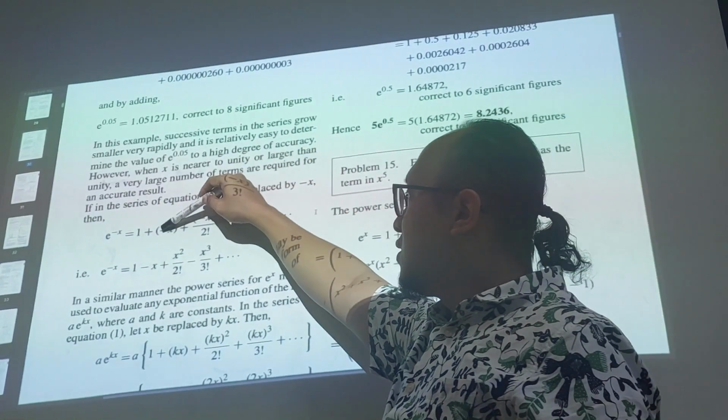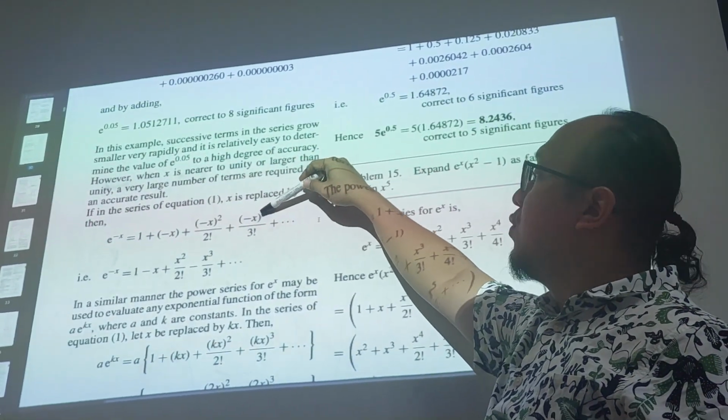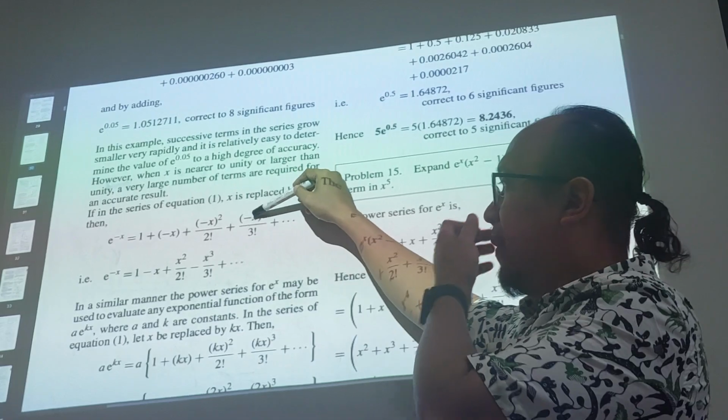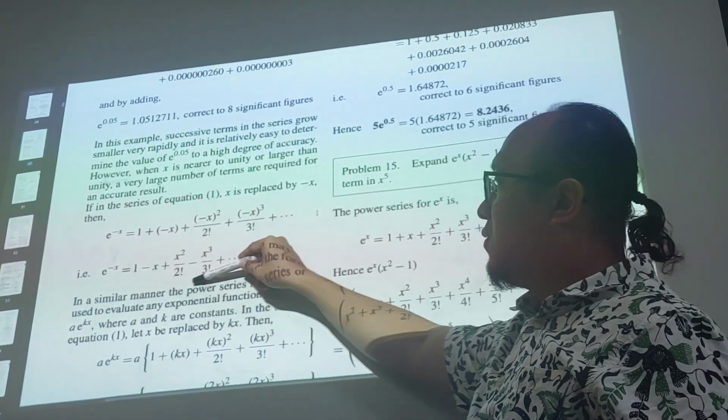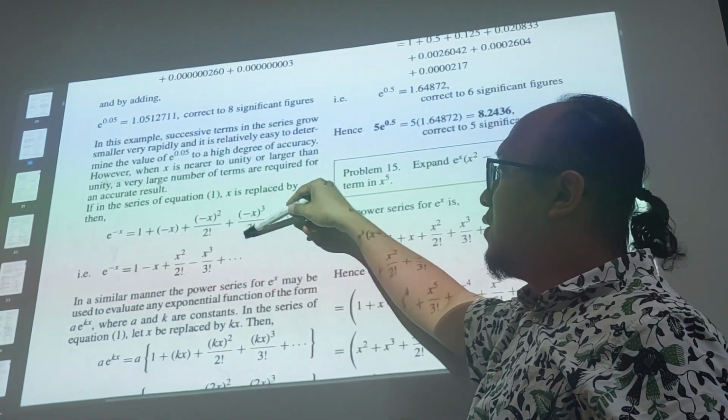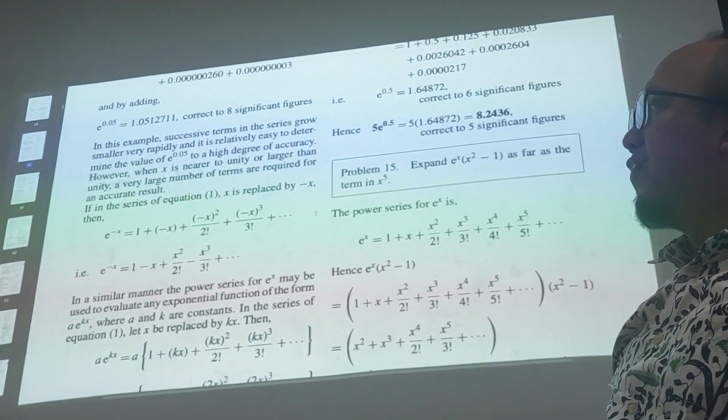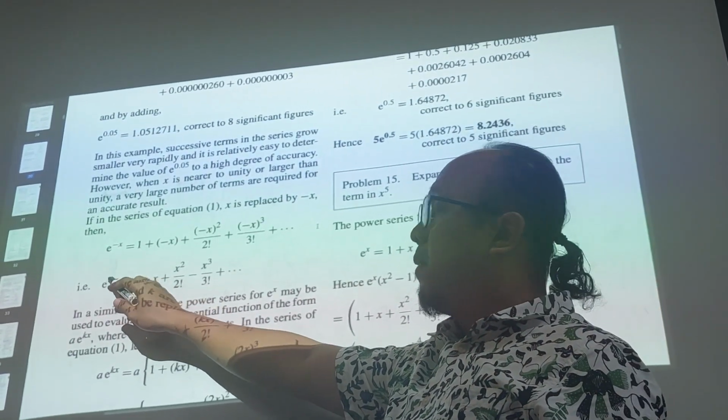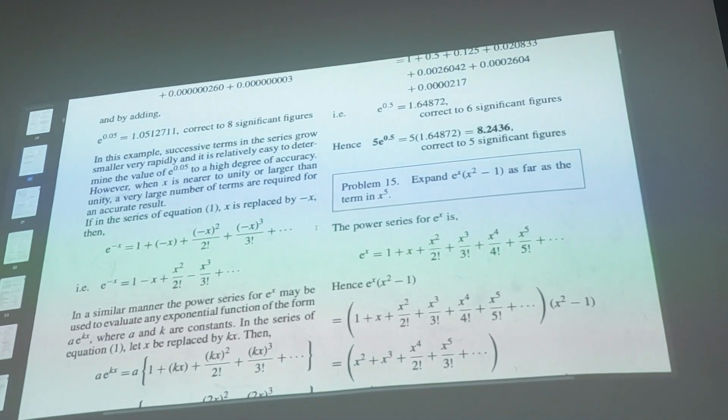You substitute all x values with minus x, and you will get this function. So this is the basic function of e to the power of minus x.